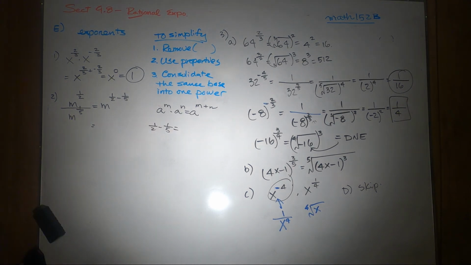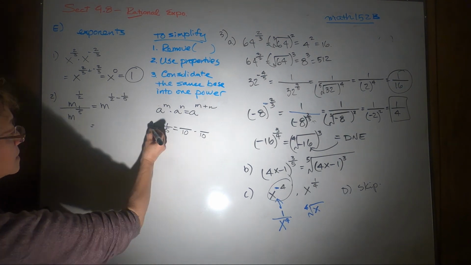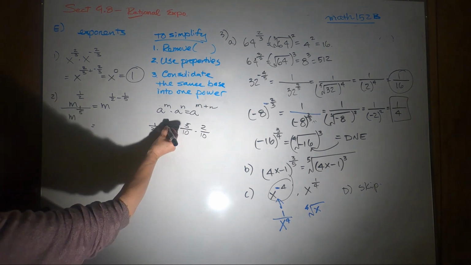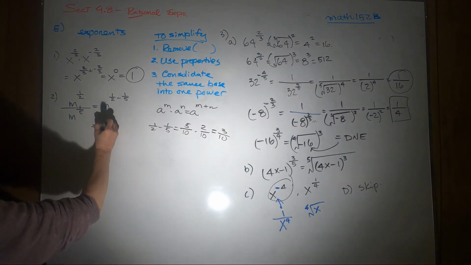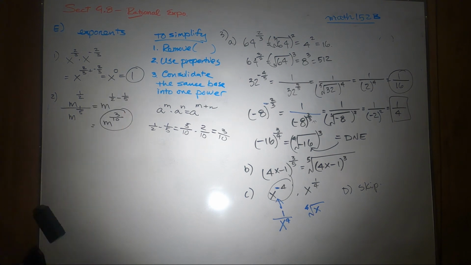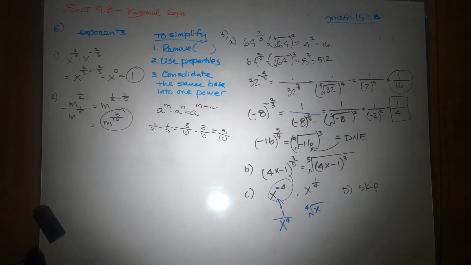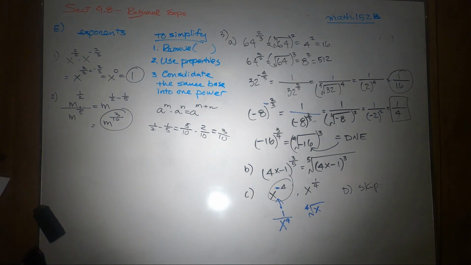You have to do your fractions with the LCD, 10. 5/10 minus 2/10 is 3/10. So you write m to the 3/10. You can just leave it in exponent form. That would be fine. But we don't want to have negative exponents. We always flip for those.